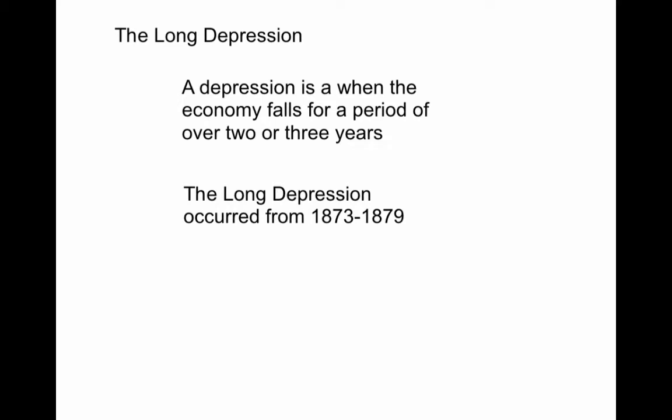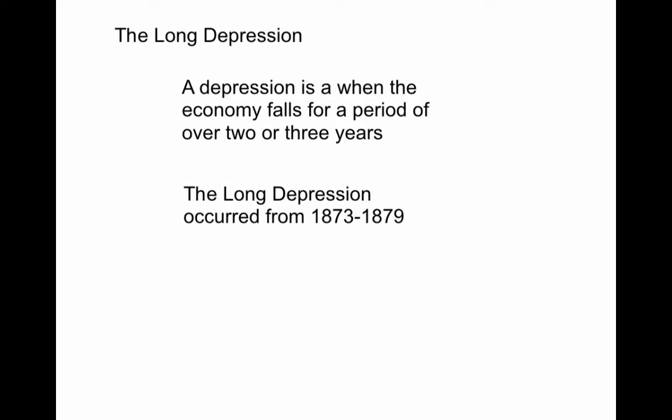The economic situation in the 1870s was one of a depression. It was known as the Long Depression and should not be confused with the Great Depression that's more famous that happened during the 1930s. So a depression is a period where the economy falls, and it's usually characterized by a reduction in the economy of 10% or more.